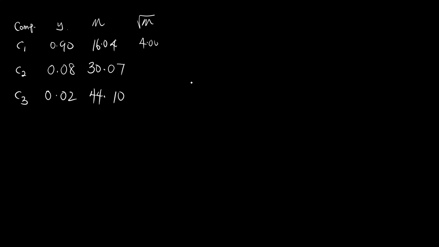The square root of 30.07 will give us 5.48. The square root of 44.10 will give us 6.64 in two decimal places.